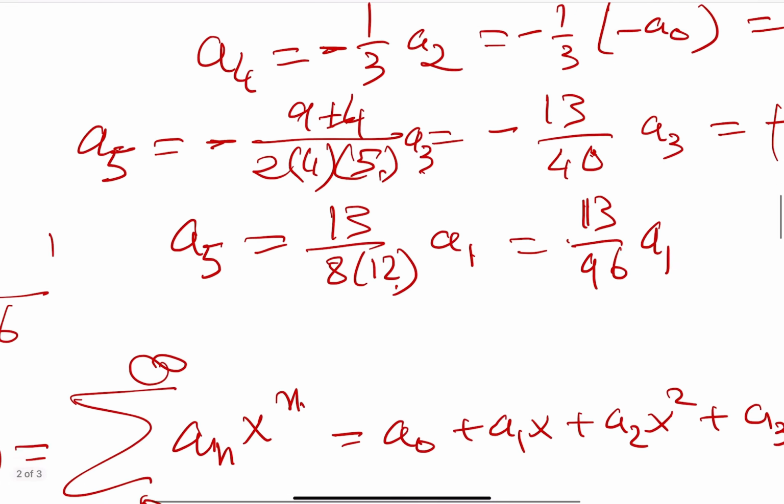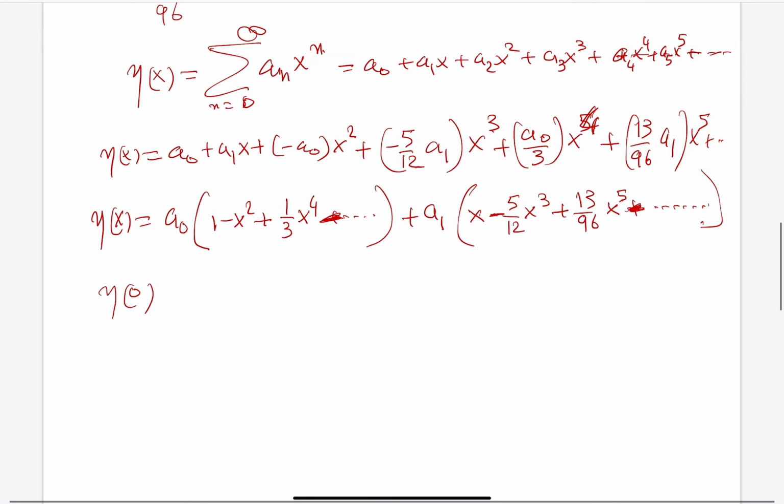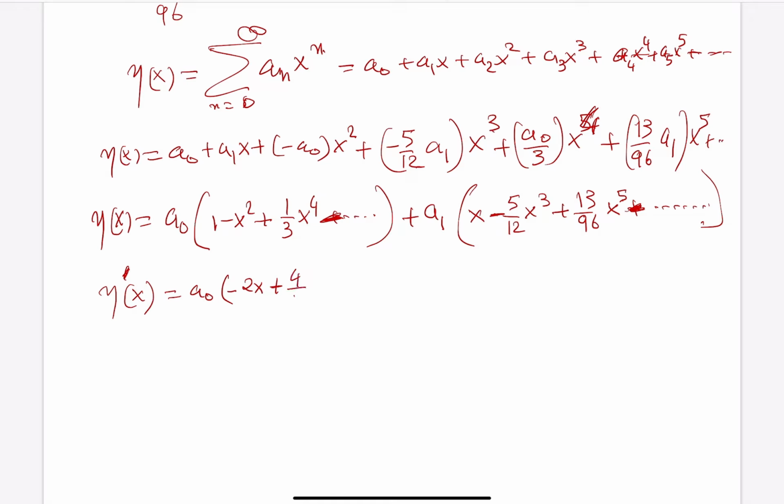So first of all, I advise you to take the derivative first. Derivative of this one will become y prime is equal to a0 parentheses negative 2x plus 4 divided by 3 x and so on.